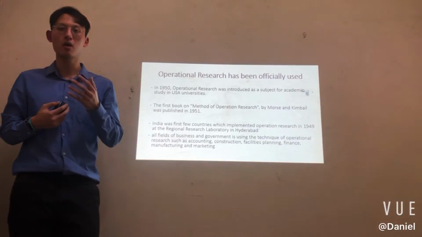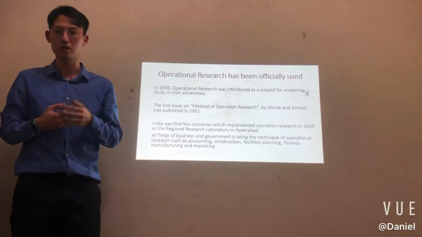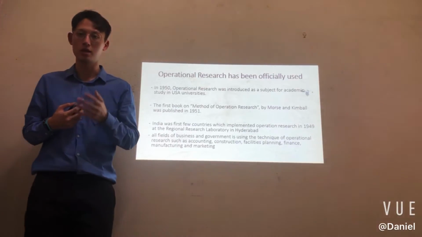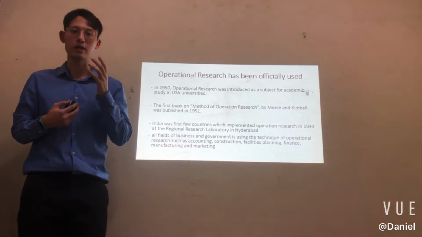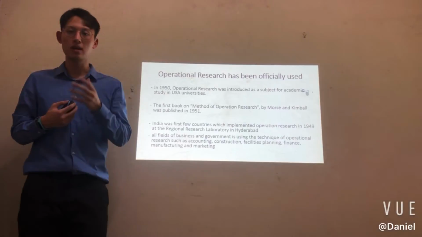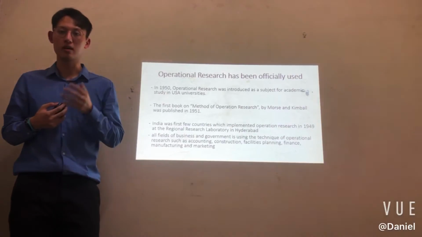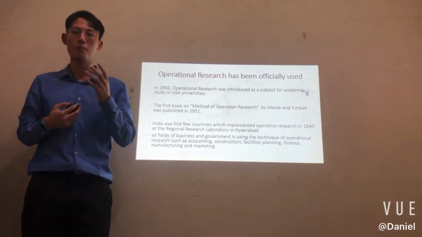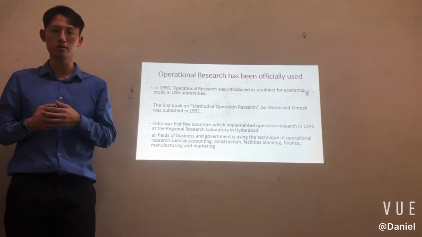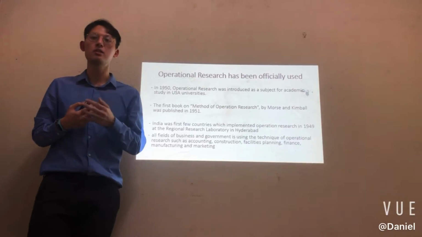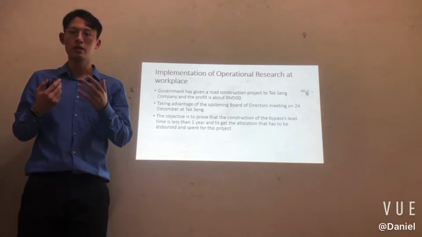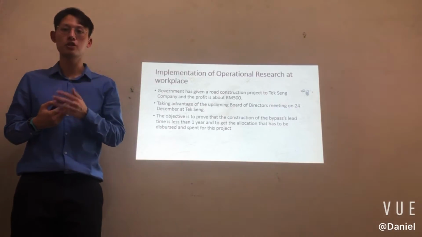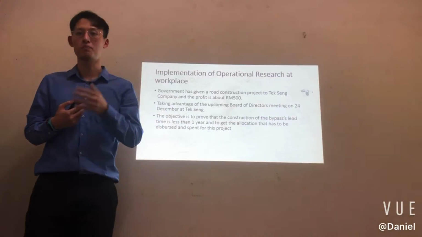Moreover, India was one of the first few countries to implement operational research, in 1949 at the Regional Research Laboratory in Hyderabad. Today, all fields of business and government use operational research techniques, such as accounting, construction, facility planning, finance, manufacturing, and marketing. Now, we come to the implementation of operational research at the workplace.